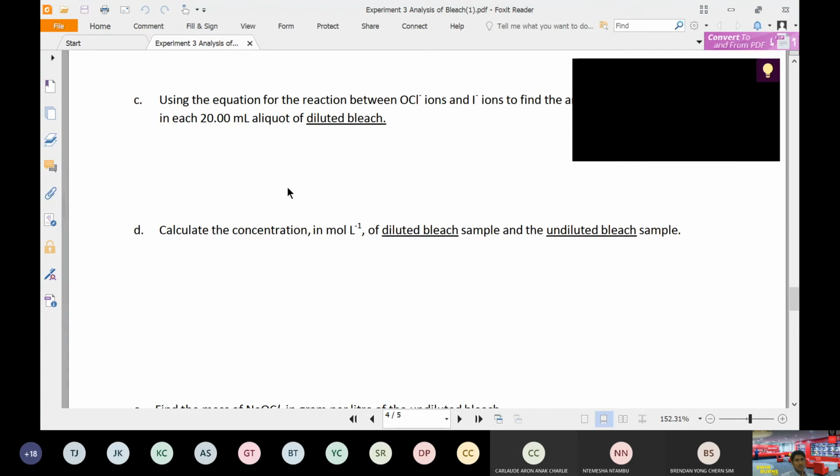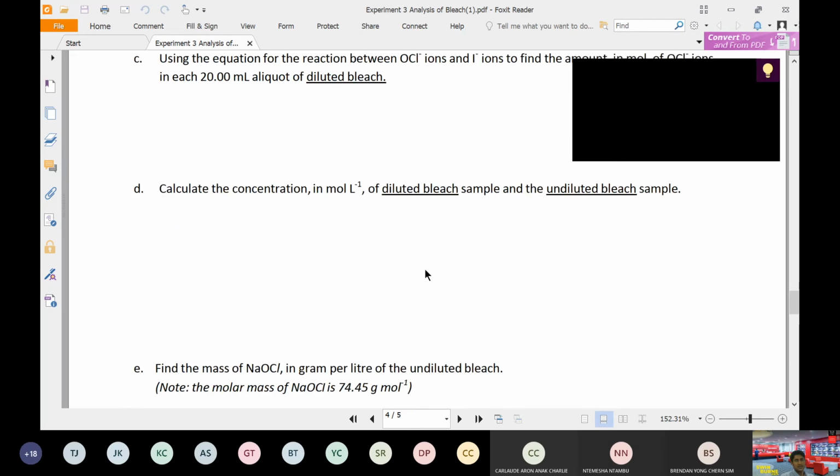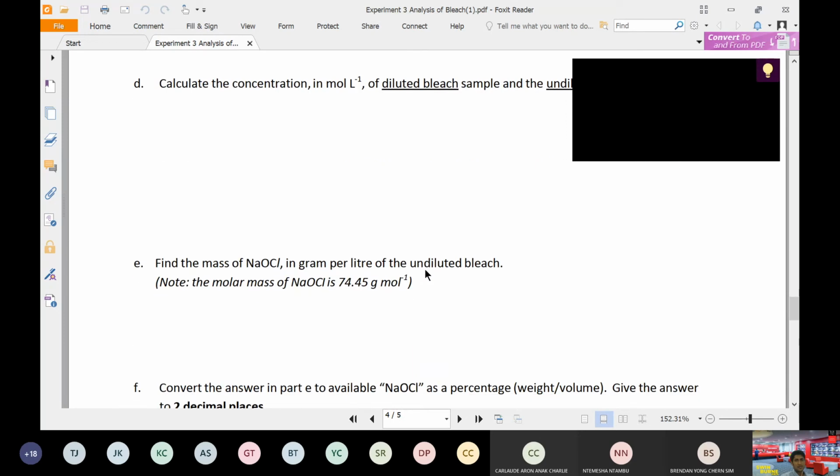If you know the number of moles of hypochlorite ion, and it is in 20 milliliters, I hope you can find the concentration, that means moles per liter, of the diluted bleach. Then we can use the dilution factor to find the undiluted sample. I hope that answers the question.